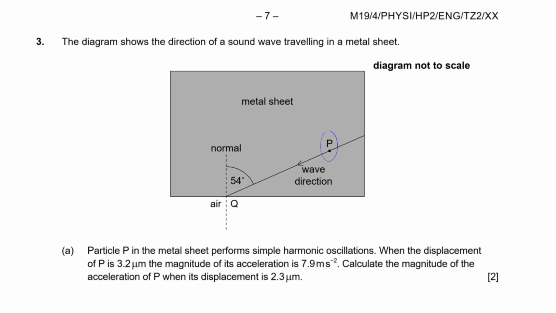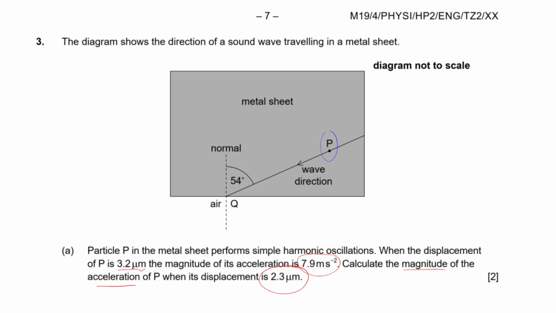But that is for other questions, not for question A. Question A is just about acceleration, and we know when the displacement is 3.2 micrometers, it is 7.9 meters per second squared, and the question is the magnitude of acceleration when displacement is 2.3 micrometers.